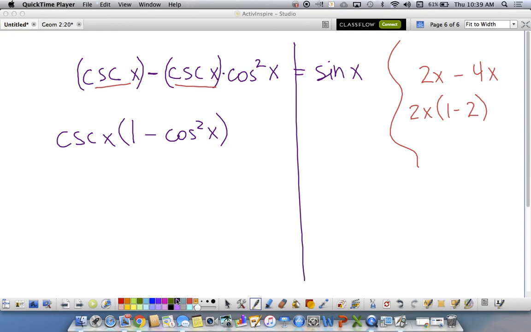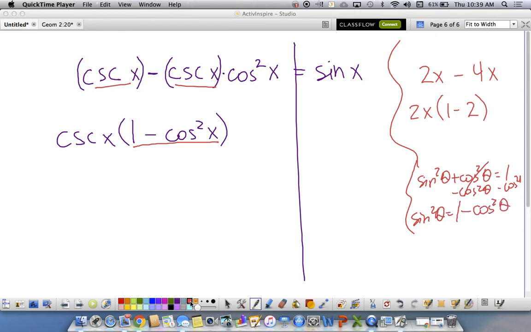Over in my thought bubble, there's a Pythagorean identity that says sine squared theta plus cosine squared theta equals 1. Can you rearrange it? Right now I see 1 minus cosine squared. If I subtract cosine squared from both sides, sine squared theta equals 1 minus cosine squared theta. So where you see 1 minus cosine squared, hold up, we're going very fast.